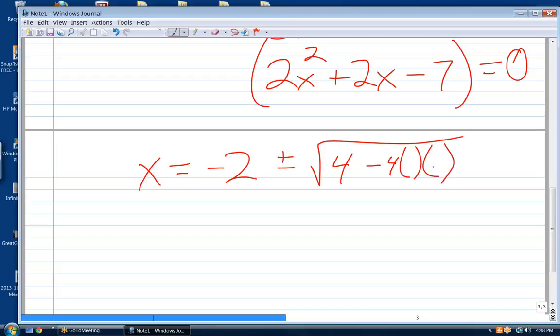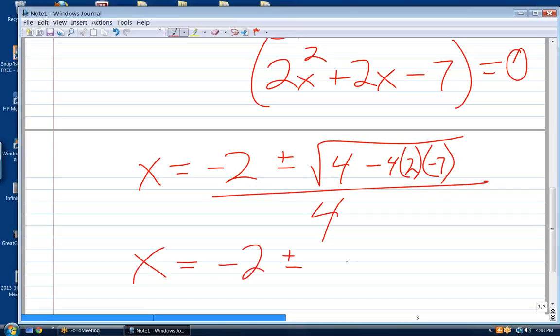What's a and c? a is 2, c is minus 7, so minus 4ac is plus 56. All over 2a, so 4 again. Okay, let's simplify this. Minus 2 plus or minus, what does this radical become?